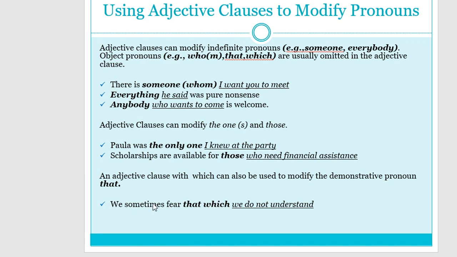So we can say, we sometimes fear that we don't understand, or we sometimes fear which we don't understand. And sometimes we can keep it: we sometimes fear that which we don't understand. The last sentence is not important to recognize, but it's important to understand that there is no need for that. We sometimes fear which we do not understand.